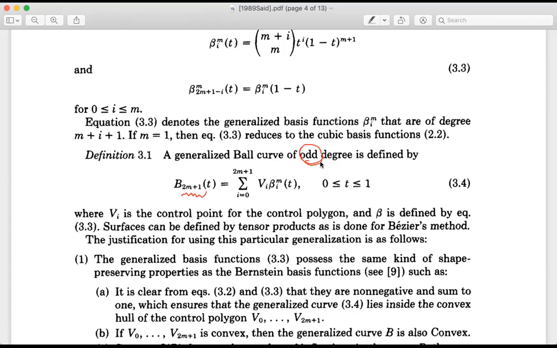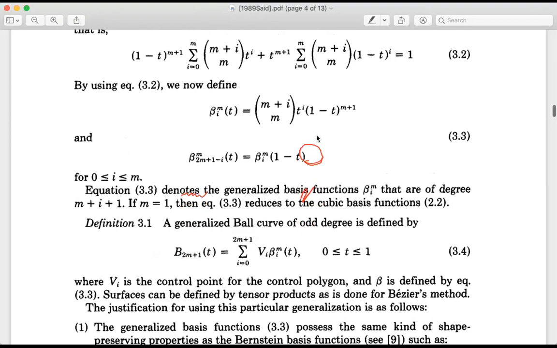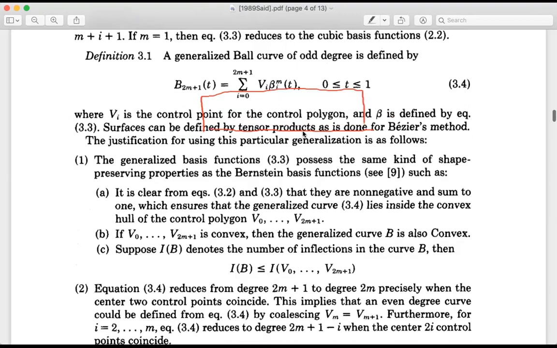So we can have the Ball polynomial of odd degree, the formation will be like this. The polynomial is here. So here we have the set of Ball polynomials.